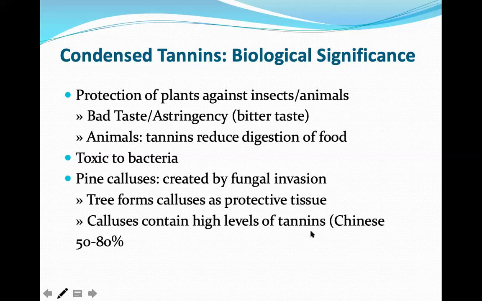Callus contains high levels of tannins, for example, 50 to 80%. So condensed tannins have biological activity. In plants, they are protective agents and inhibit bacteria and fungal invasion, as well as inhibit animal feeding.